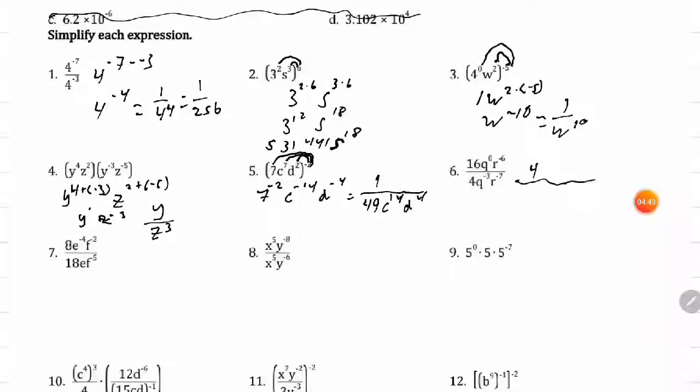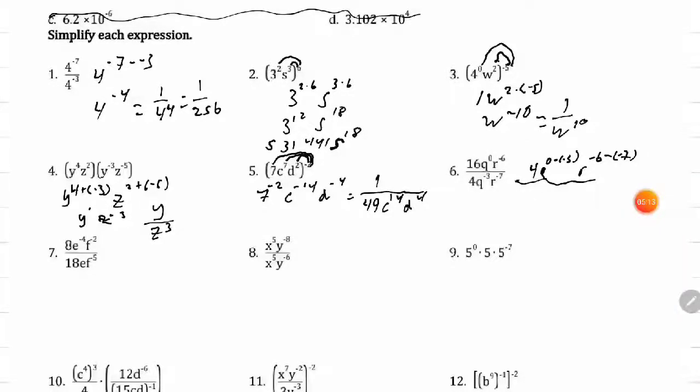Let's just have this, just in case. q to the 0 minus q to the 3 is q plus 3. So we have q to the 0 minus negative 3. And then we have r to the negative 6 minus 7.